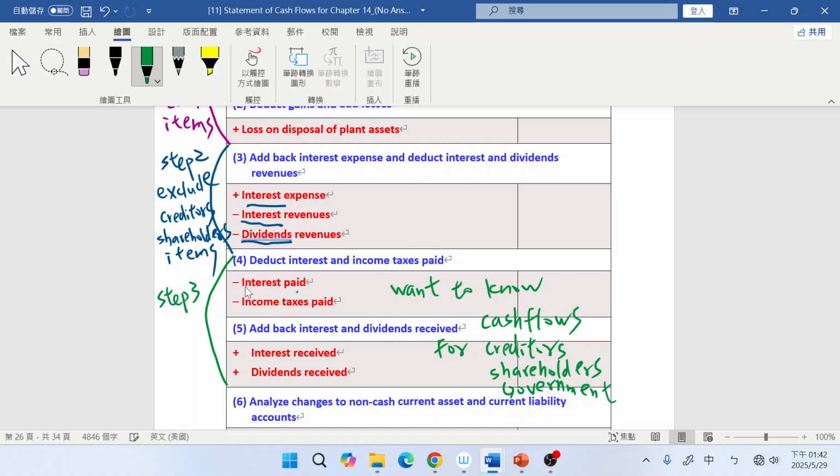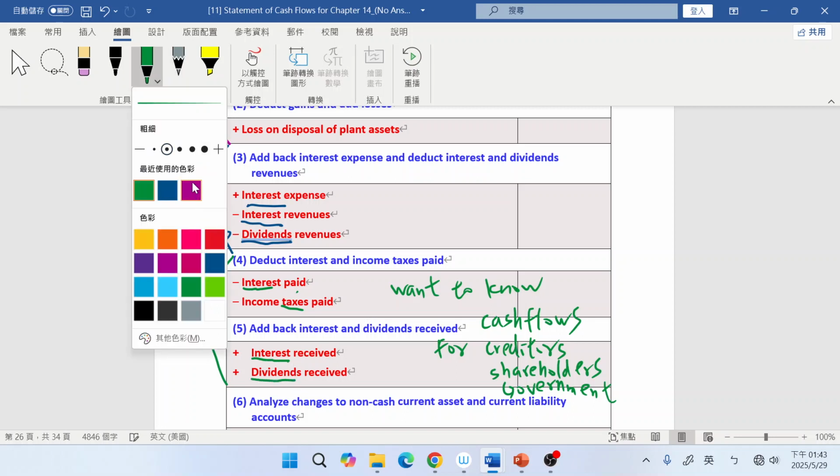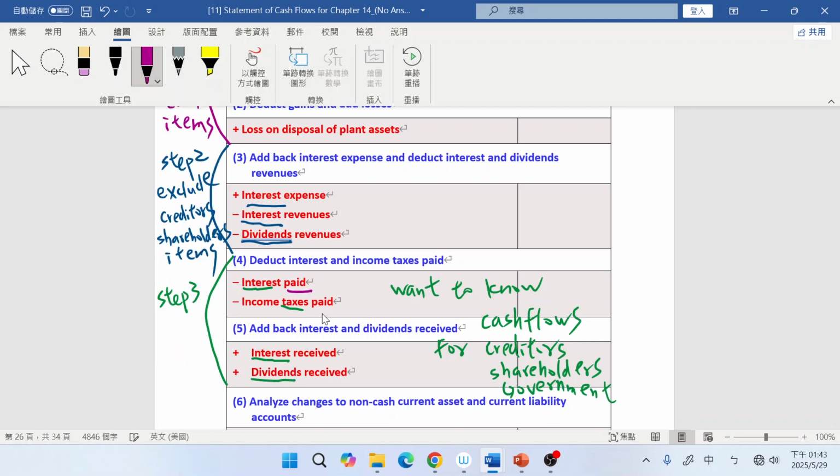So you will find interest, tax, interest, dividends, right? So interest you paid. So here we want to know the cash outflows. Received.